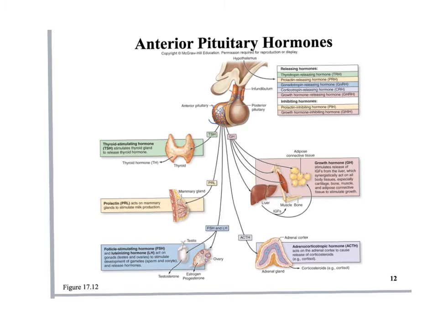All your releasing hormones from the hypothalamus, the inhibiting hormones from the hypothalamus, and then the anterior pituitary hormones. You have your thyroid stimulating hormone, prolactin, FSH, LH, ACTH, and then growth hormone. Okay? And it gives you a short explanation of the action of those hormones. Okay? We're going to go into each of these in a little bit more detail.